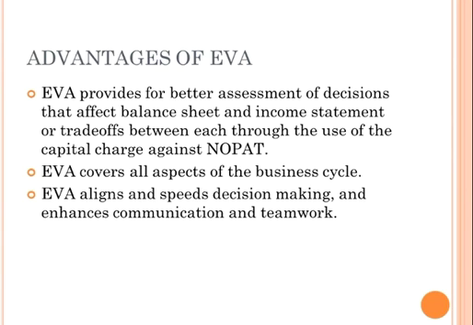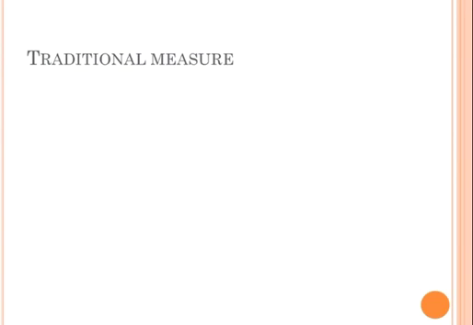We get easier decision making power that helps the company to grow and succeed. So there are so many advantages, like decision making power, speedy decisions, and cost comparison, where we compare cost with profit. Moreover, it gives a better assessment of decisions, and EVA also covers all aspects of the business cycle.